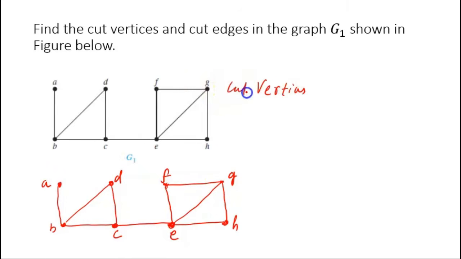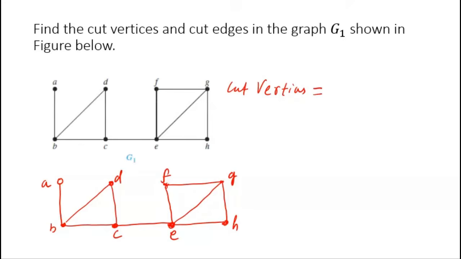If I remove vertex A, I need to remove the vertex and along with that all the edges incident on it. If you remove A, you notice that the graph we get is still a connected graph. So A is not a cut vertex. Let me draw A and its edges back.